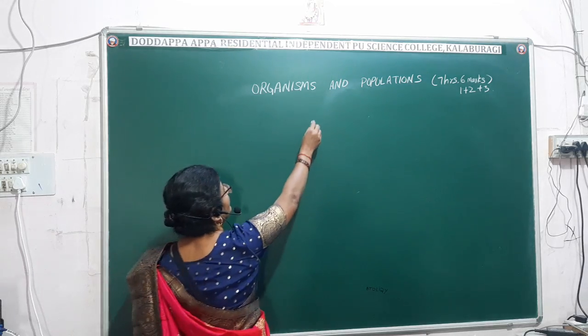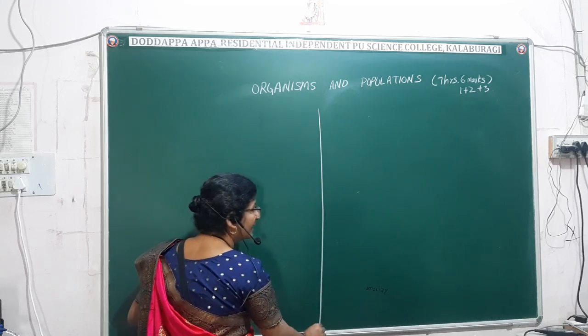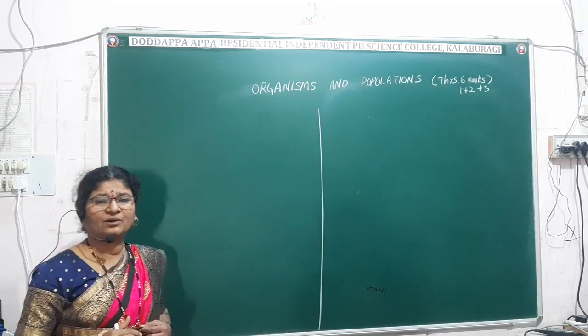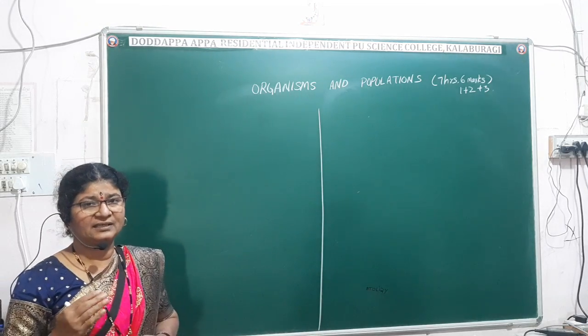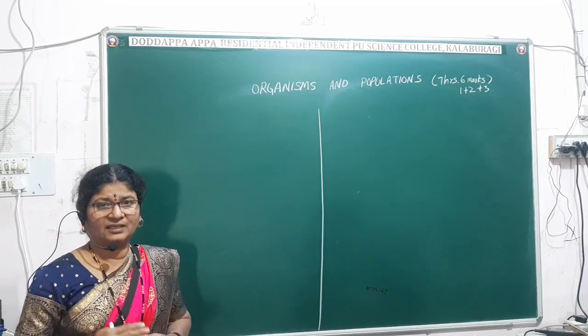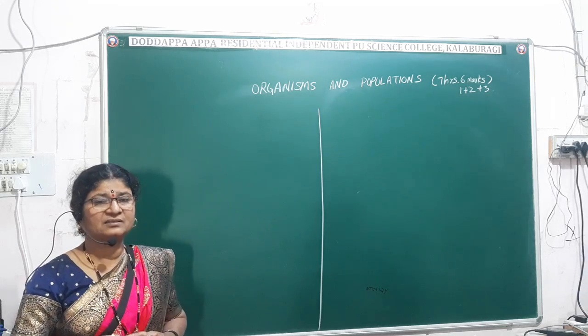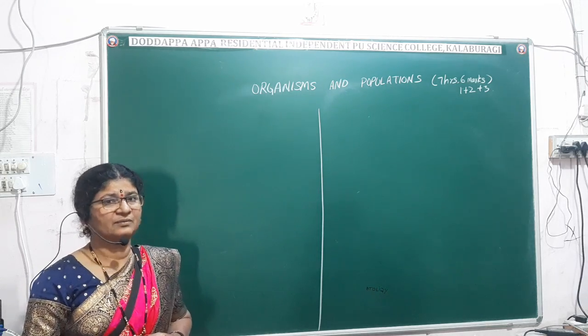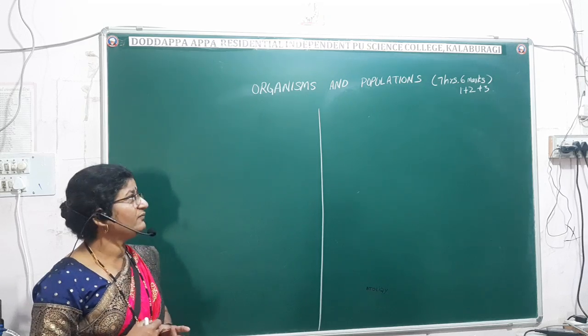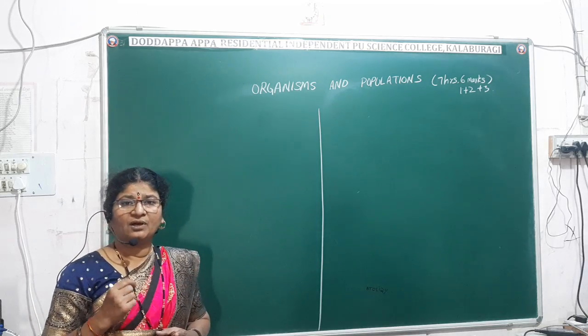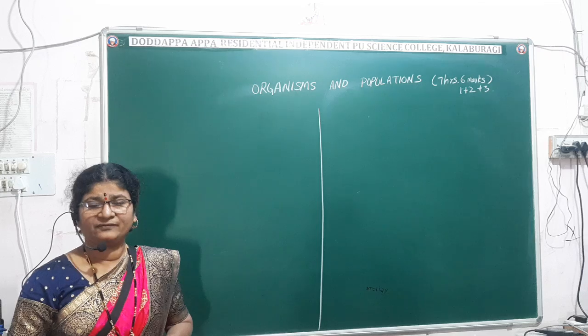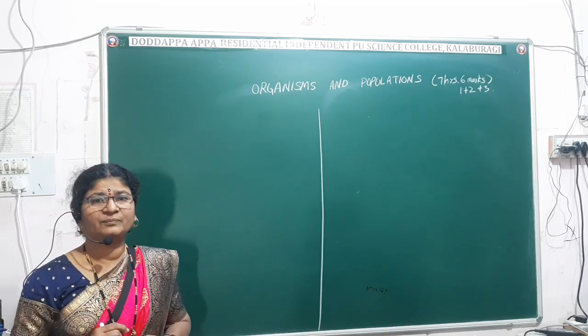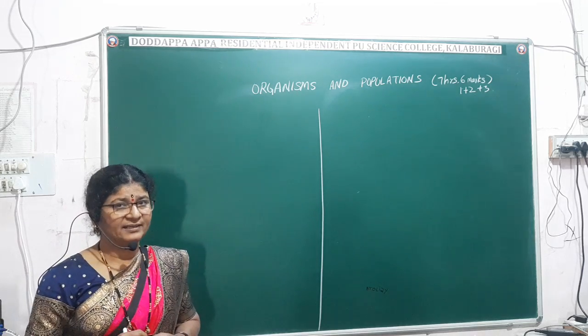Here we will be dealing with the living organisms, how they are living on the earth and how they are interacting with their biotic as well as abiotic factors. You know that life is found only on the earth because of many favorable conditions.